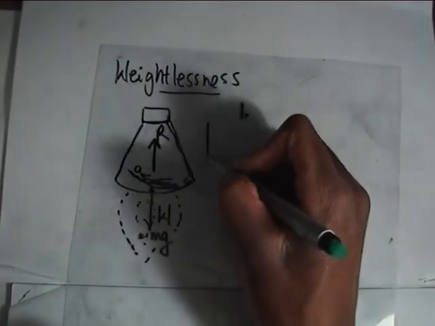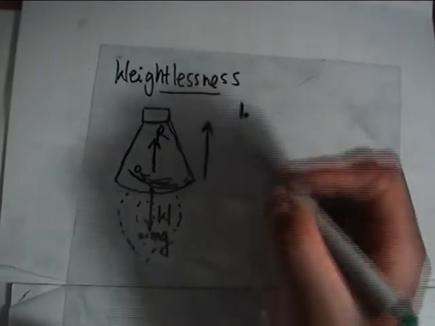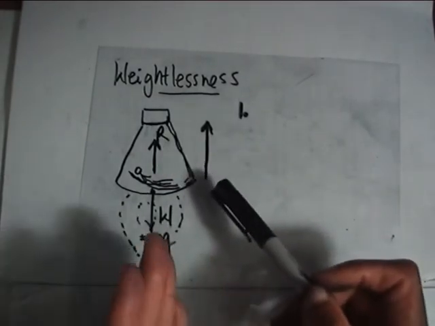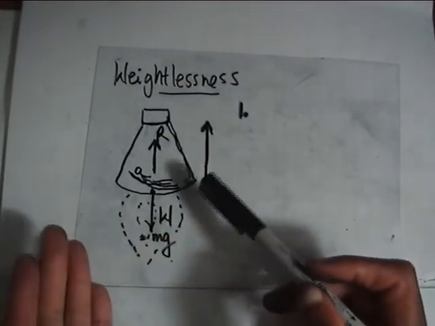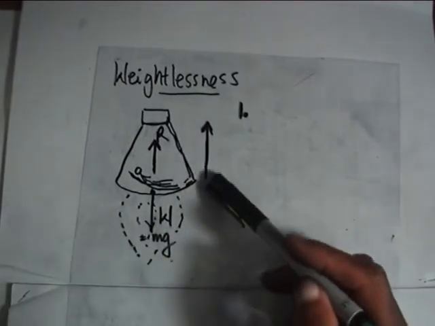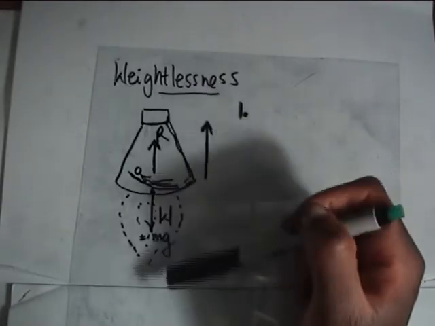Since the rocket is going up, the resultant favors the direction of motion. Since the direction of motion is up, it means the upward forces are greater than the downward forces.